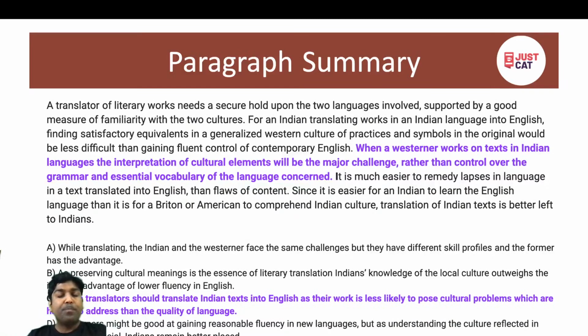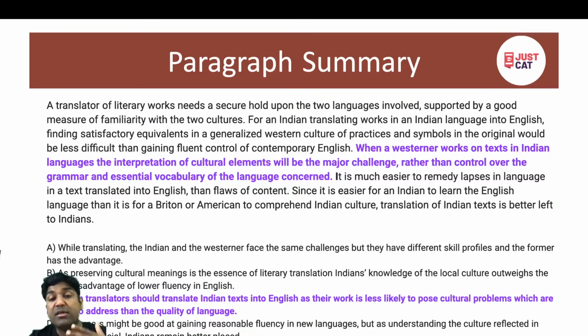Then comes B. "As preserving cultural meanings is the essence of literary translation, Indians' knowledge of the local culture outweighs the initial disadvantage of lower fluency in English."